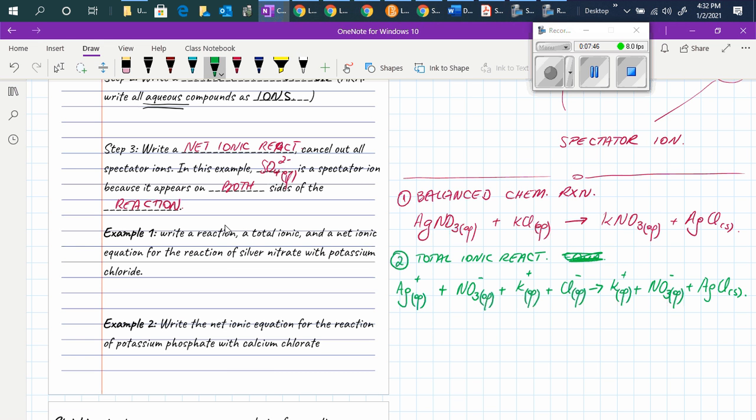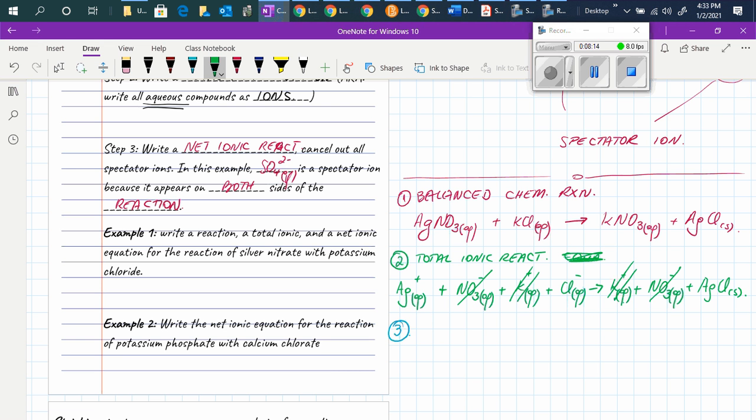And what do we do after this? As a third step here, and this will be the net ionic reaction, we cancel what is on both sides of the equation. So in this case, what we have the same on both sides of the equation is nitrate and potassium.